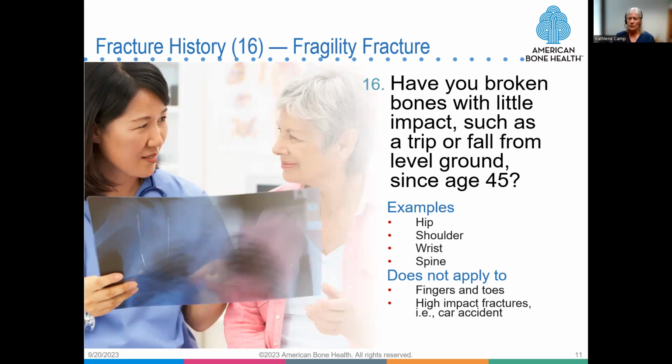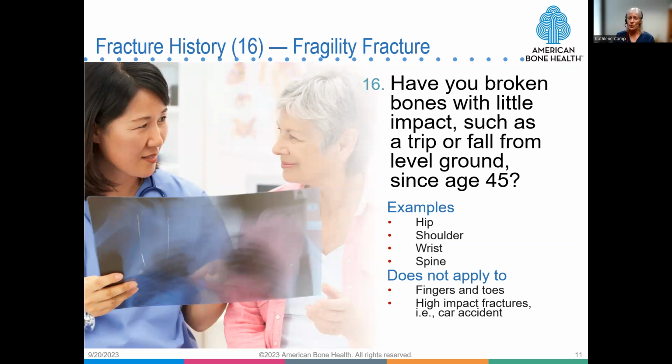If you break any bone except fingers or toes from a trip or fall on the level ground after age 45, you're twice as likely to break another bone. If you have a spine fracture, you're 4 times as likely to have another spine fracture. Your own fracture history can contribute to your fracture risk.